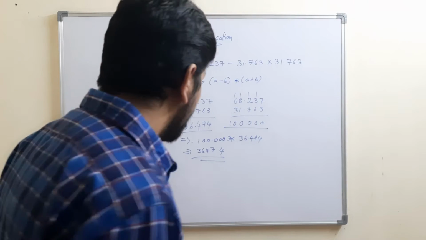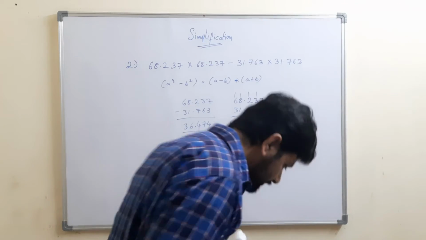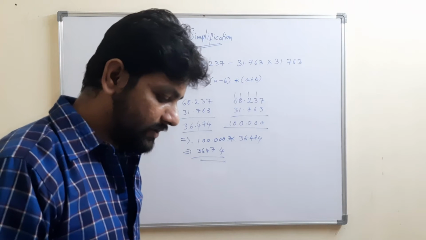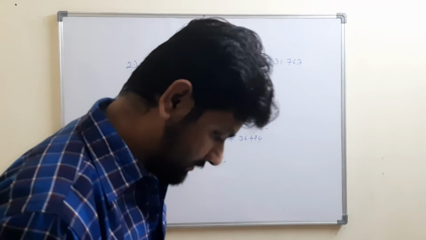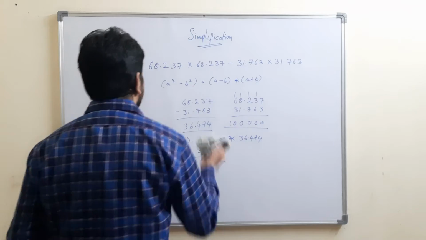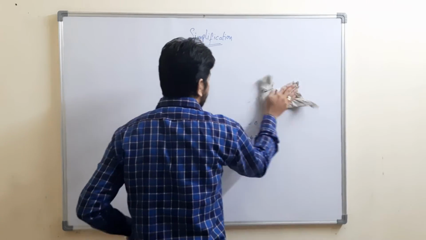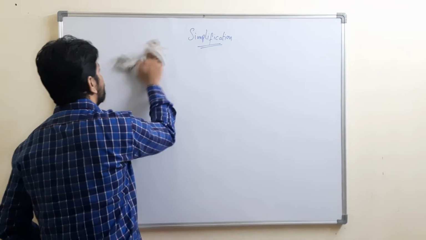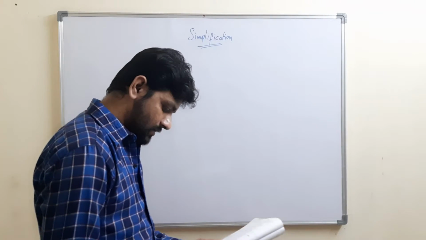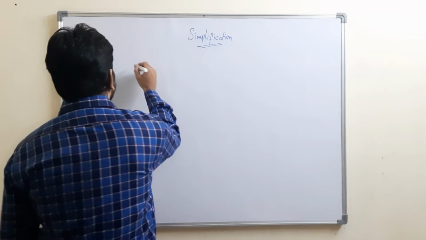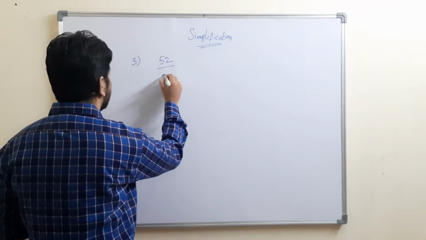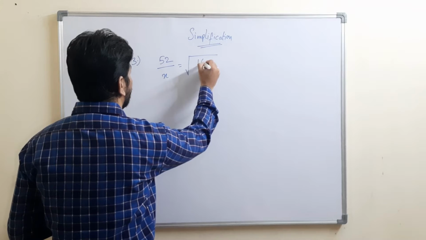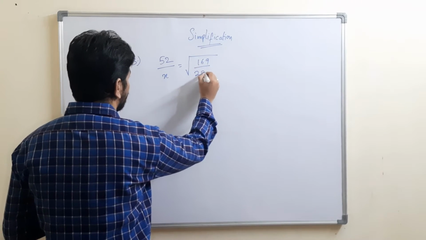Next we will move to the next sum. See here, I have this problem: 52 by x equals root over 169 by 289.